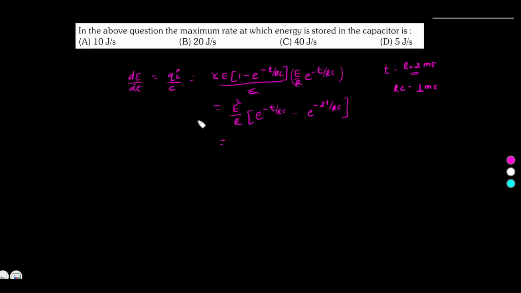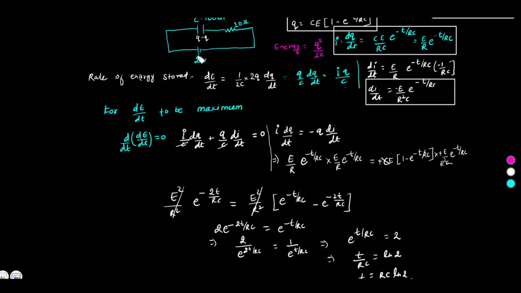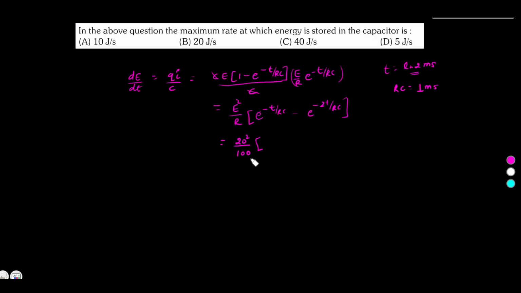So E is 20 volt, so 20 square, and R is 100, sorry, E is 20 and R is 10. R is 10 here.